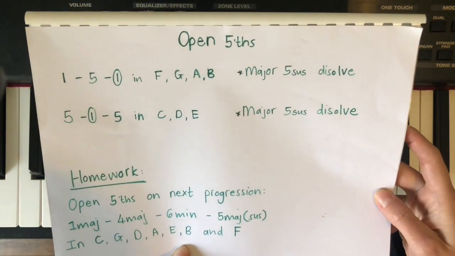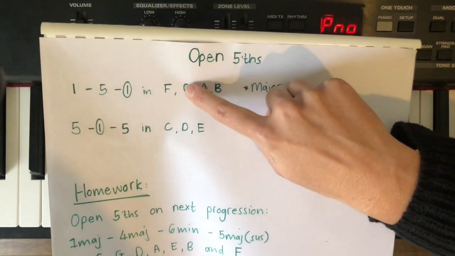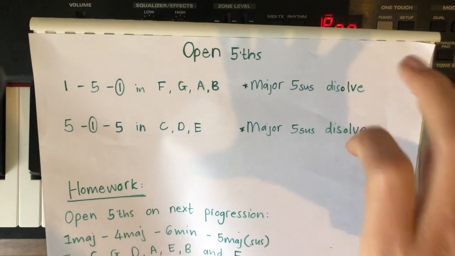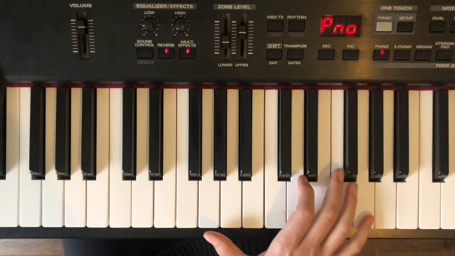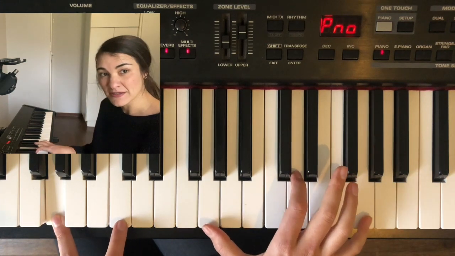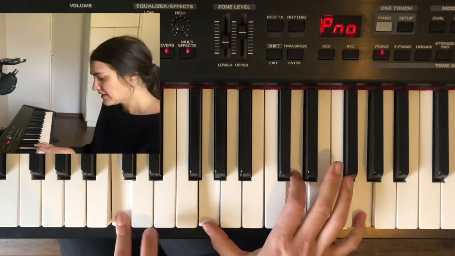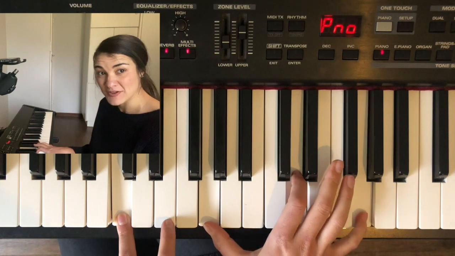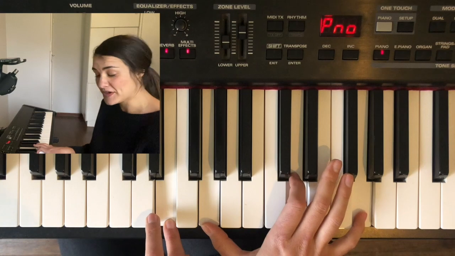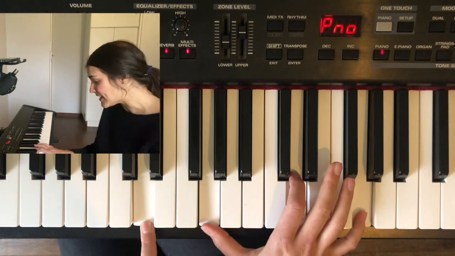So let's quickly look at the key of G, where I'm going to dissolve a 1-5-1 on my pinky. If I think in the key of G, it's going to be 1. I'm playing a C, that's the 4th major. E minor works over the 6th minor. And now here the D sus.